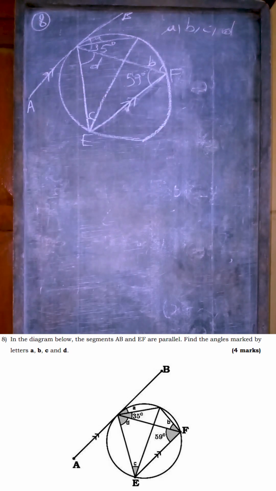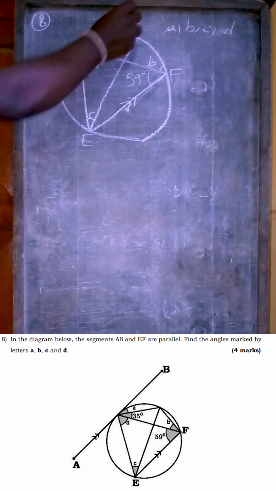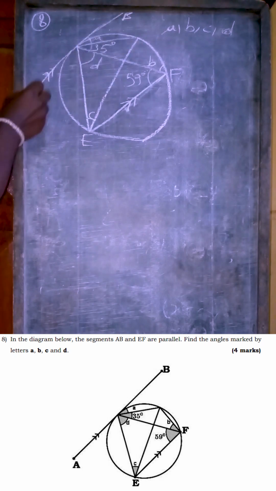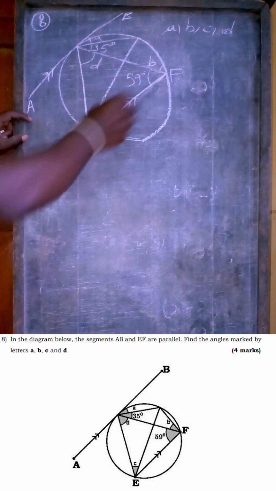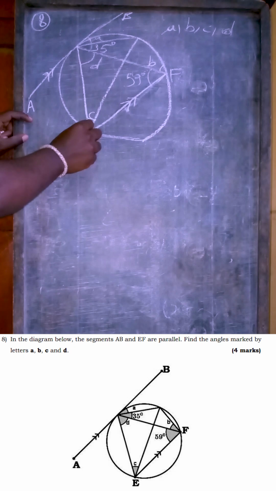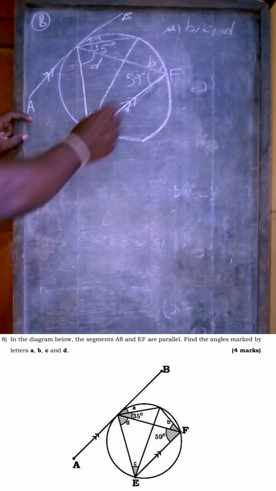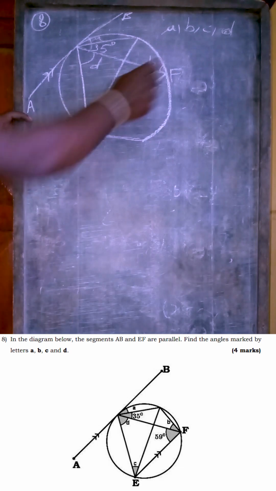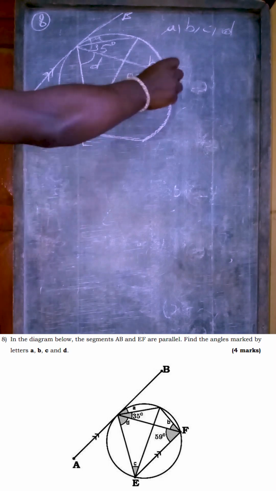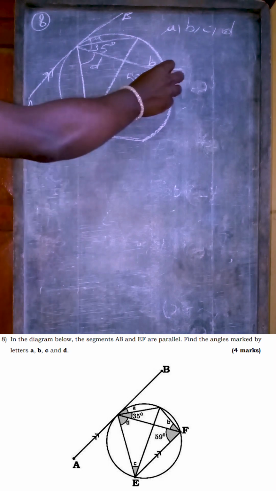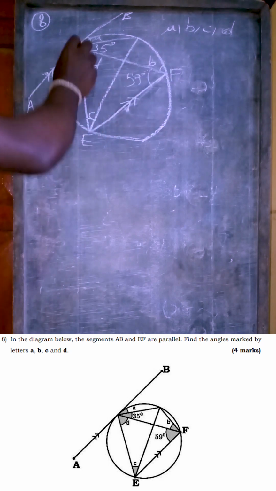To find A, B, C, D, what we have to know first of all, try to look here. This is the tangent. And we know that if the tangent is parallel to the line inside the circle, and the line from the point of contact where that parallel line inside is touching the circumference, those two lines are this and this.